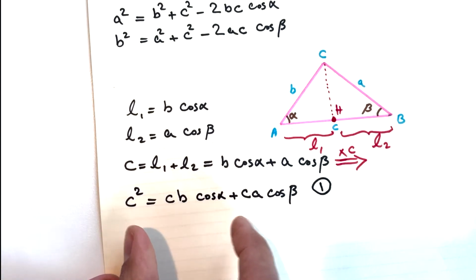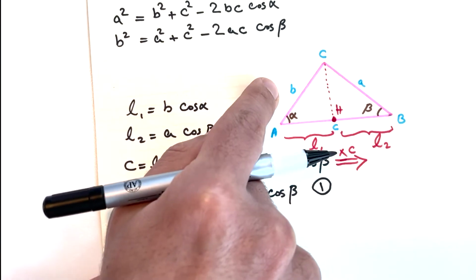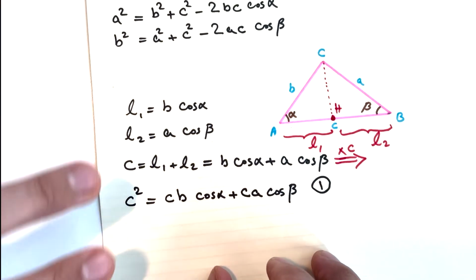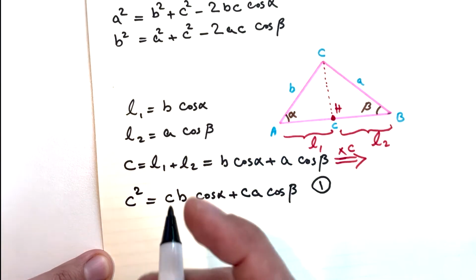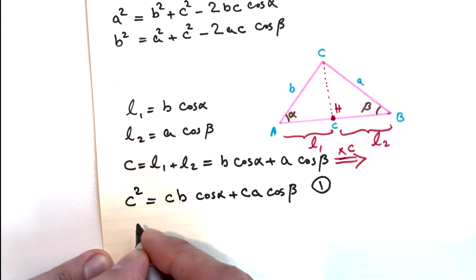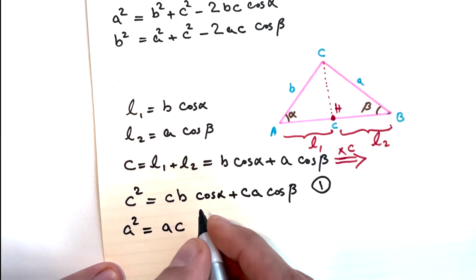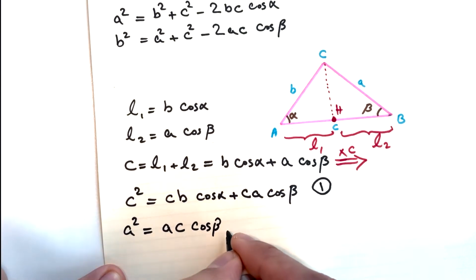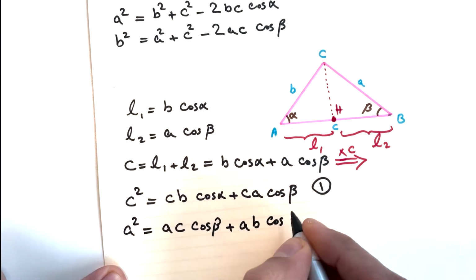I can derive the same equation for the other two sides, side a and side b. I will leave that to you, but if you follow the same process for these two sides, you will have these equations. a square is equal to ac cosine beta plus ab cosine gamma.